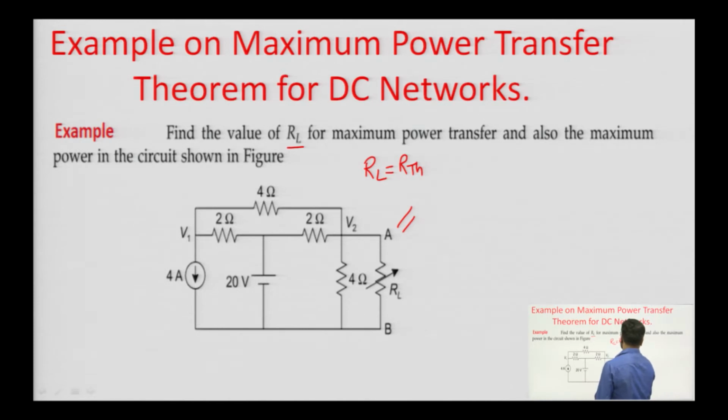So, we have to convert this circuit into an equivalent. The equivalent will be VTH, then RTH across AB, at which we have RL connected.